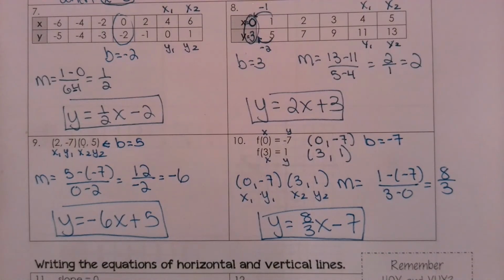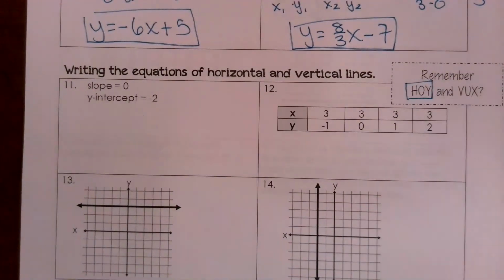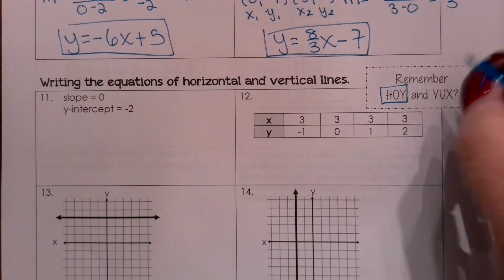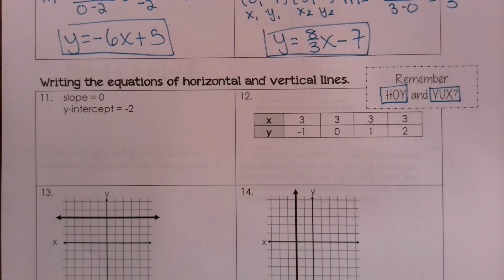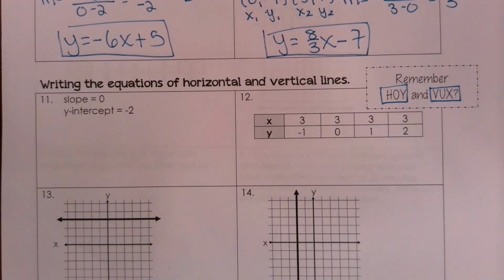Okay, last part is writing equations of horizontal and vertical lines. And this is when you might want to remember HOY: horizontal, slope of 0, crosses the y-axis, and VUX: vertical, undefined slope, crosses the x-axis.